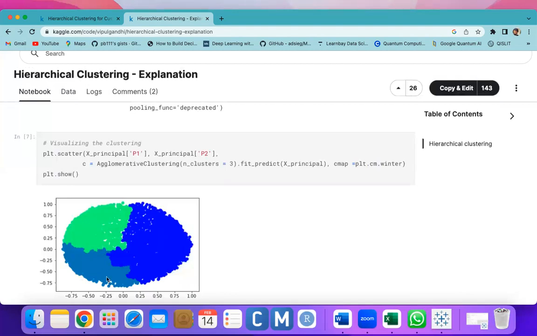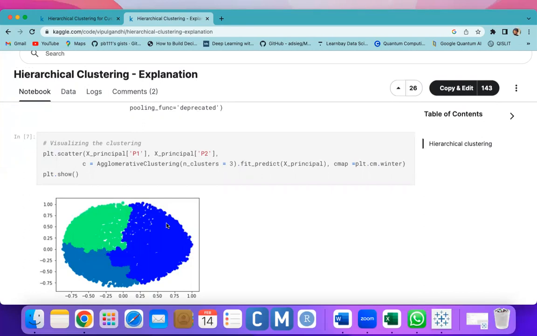This is one group, this is one group, and this blue is one group. This is the way you can analyze the clusters with k-means or hierarchical clustering. Clear? So the interview question is how you can figure out the number of clusters.